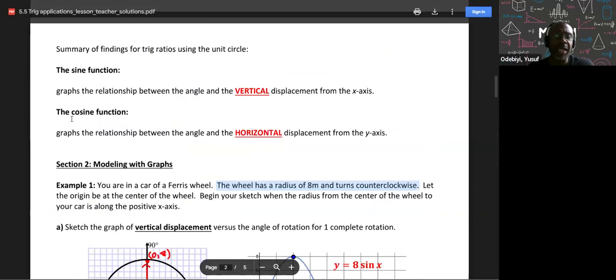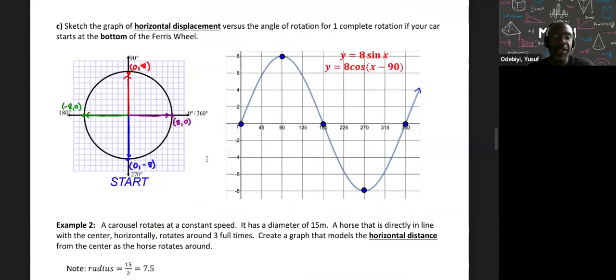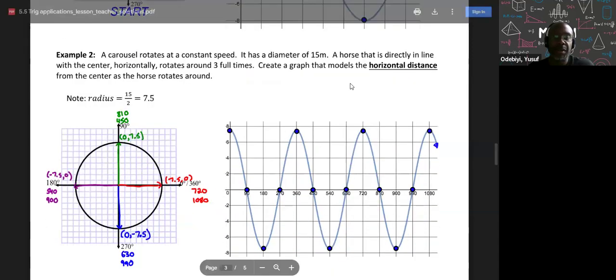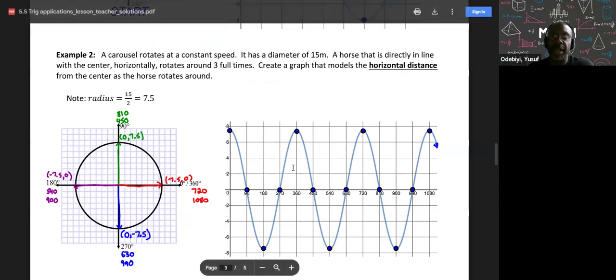When it's asking for the horizontal distance, you're going to use the cosine. So we're going to start with the cosine. It'll be a cosine graph. The only difference is that I'm at 7.5 versus when it was a unit circle, I was at 1. So that's your cosine graph.